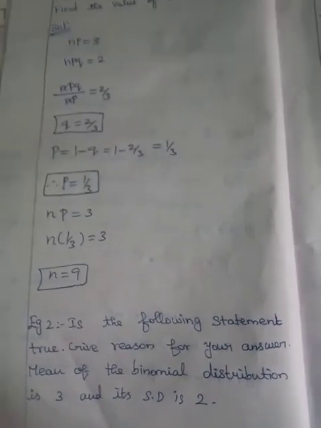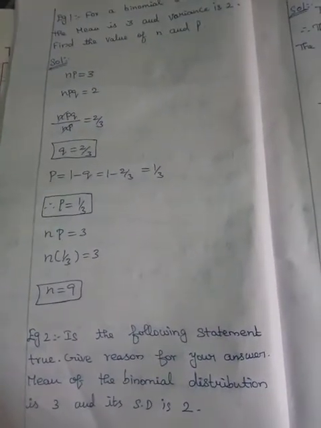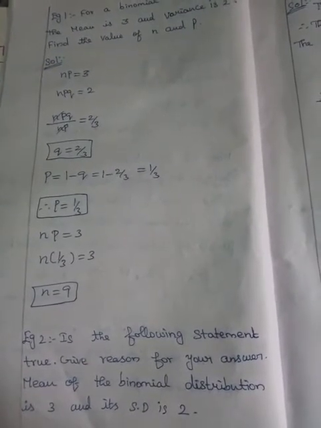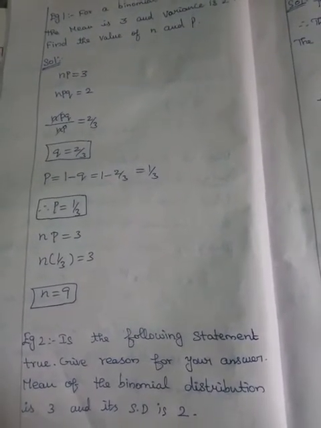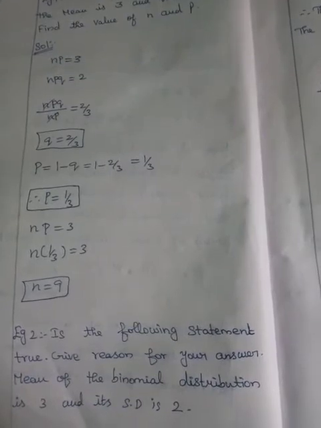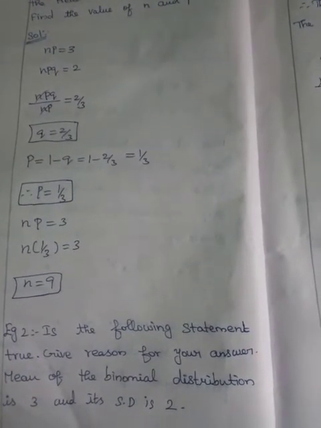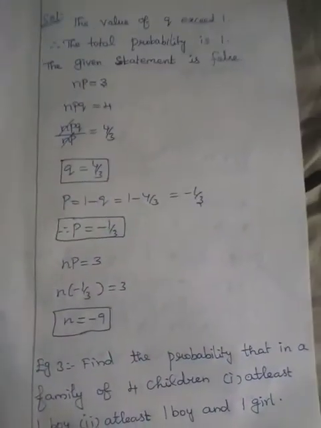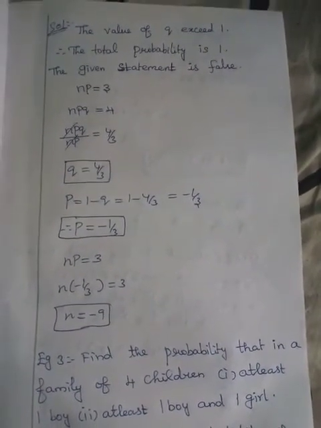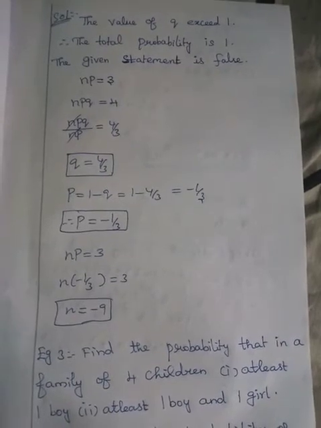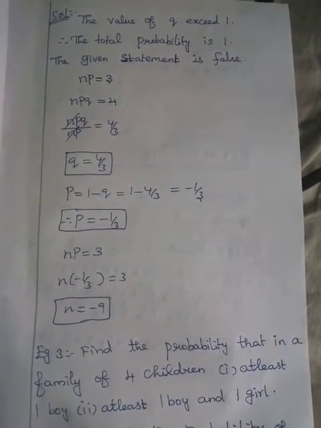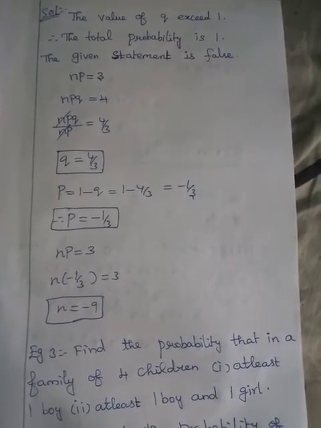Next, example 2. Is the following statement true? Give reason for your answer. Mean of the binomial distribution is 3 and its standard deviation is 2. Solution: the value of q exceeds 1, therefore the total probability is 1.